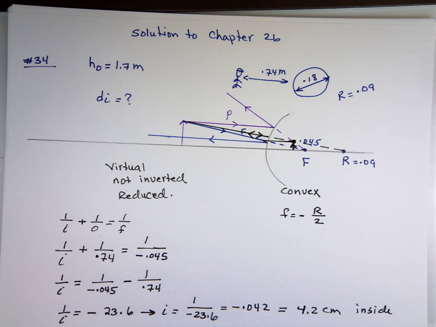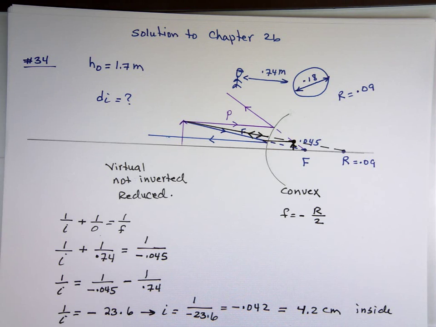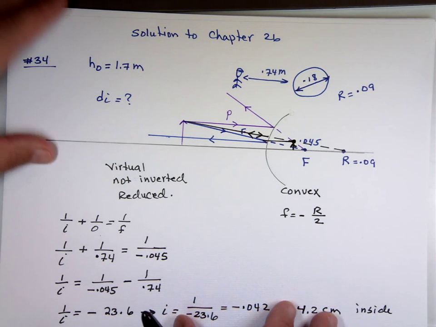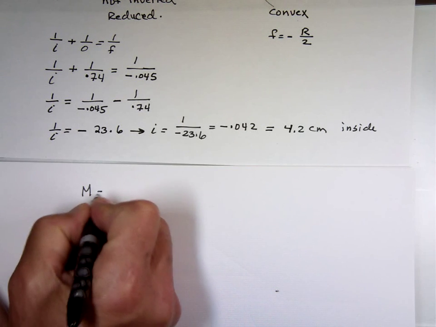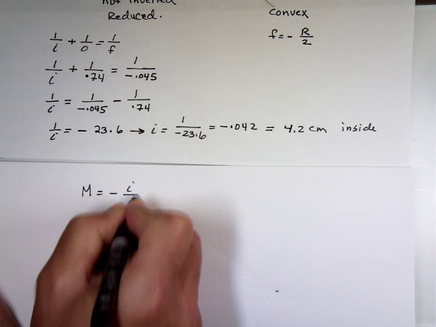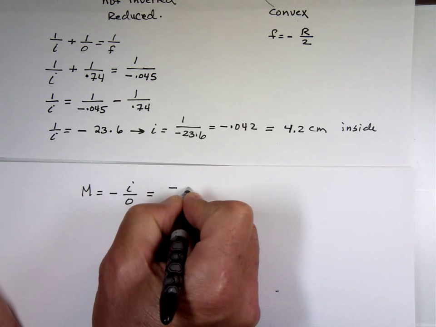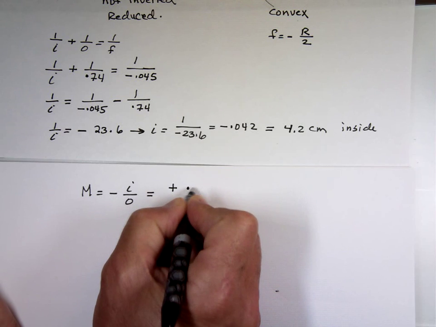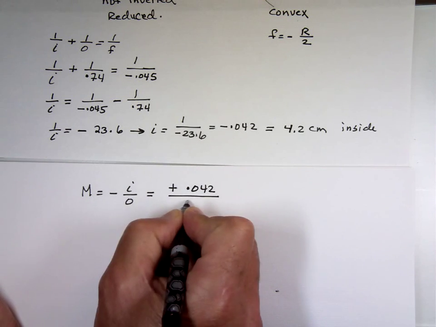And the next question is how big is that image? We know it's shrunk there. How big is it? So let's go to the magnification. The magnification is negative I over O. Negative, that's a negative, negative becomes positive, 0.042 over the object, which is what? 0.74.